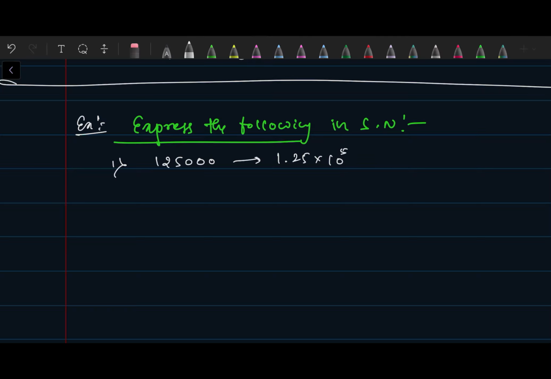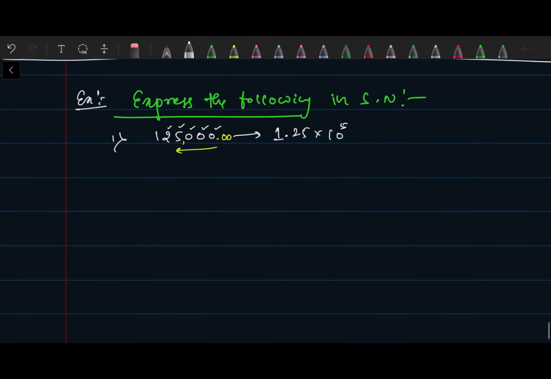If I want 1.25, then how many decimal places are there? We are going from left to right. If I mention 1,25,000 and the decimal is there, .00 is completely meaningless. So I shift the decimal one digit, second digit, third, fourth, fifth. Because of that, after 5 digits I am keeping the decimal, then 10 to the power, it is going left, so it is going to be positive, that is 10 to the power 5.